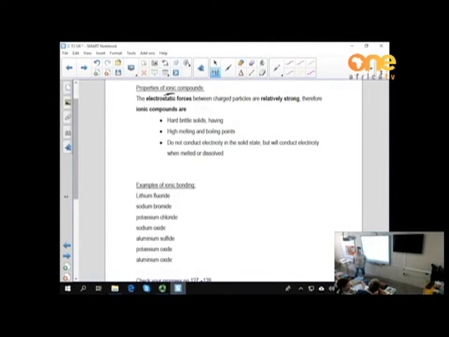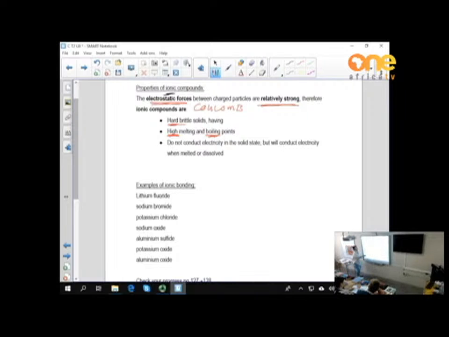Yes, Coulomb forces. Electrostatic or Coulomb forces are usually strong, relatively strong. Therefore, ionic compounds, because it's ions attracting each other by Coulomb forces or electrostatic attractive forces, are hard, brittle solids. They have high melting and boiling points.